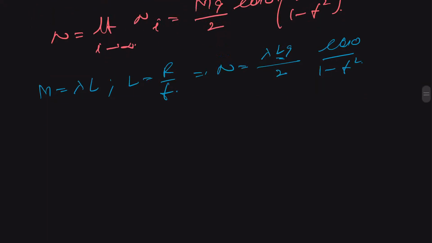And our length we can substitute in terms of radius. So we get our normal is equal to lambda g by 2 r upon t, and we have cos of theta 1 minus t square.